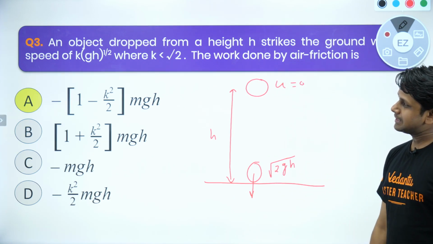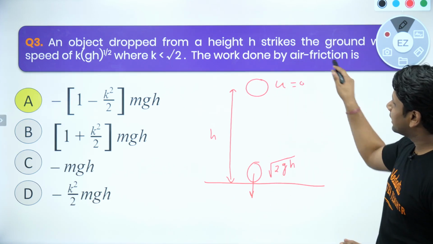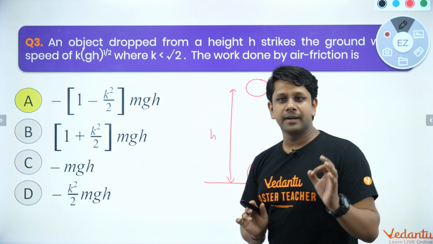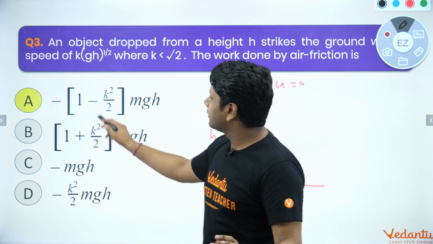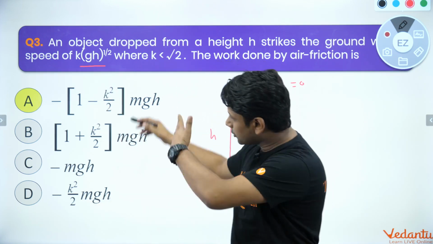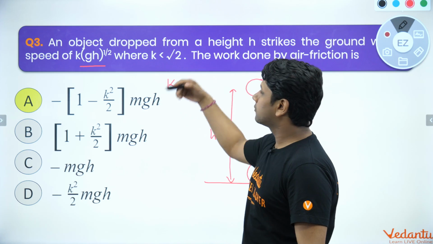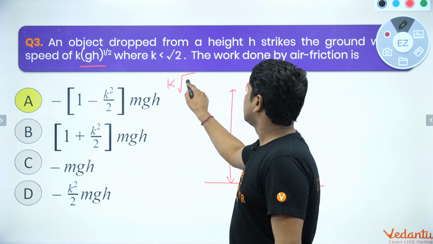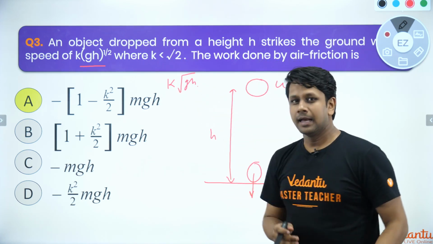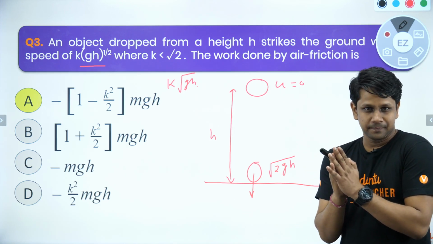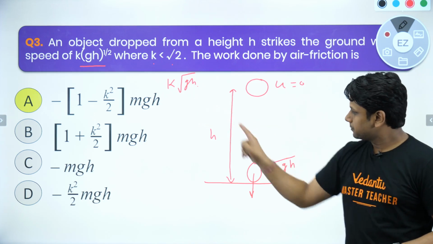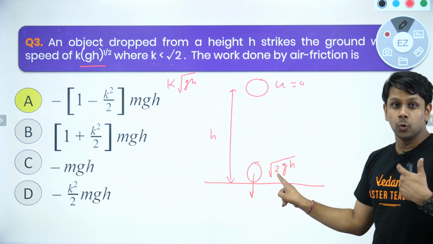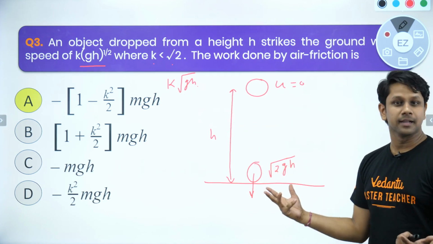But here he said that because of air friction, the particle is not hitting with root 2gh, rather it is hitting with k root gh. देखो इस फॉर्मूले को k gh पावर 1/2, so k root gh से हिट कर रहा है. And they have clearly mentioned कि this k is less than root 2. कंपेयर करो दोनों को, यहां पे root 2 होना चाहिए if there is no air resistance.